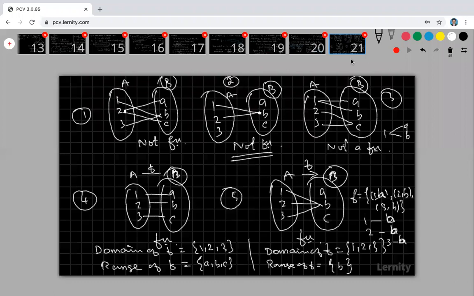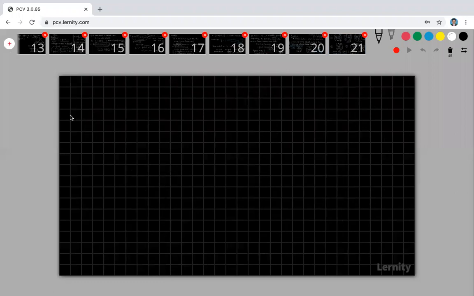Drawing graphs is not important from the exam point of view, right? Okay, so now, because our time is gone, I will explain some root sums, how to find the domain and range of such problems, from your NCERT problems also.